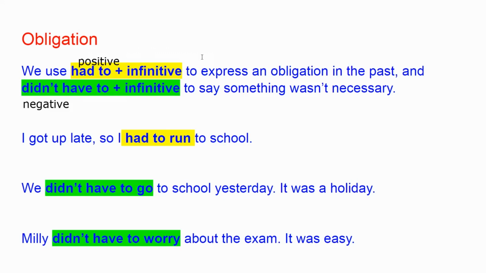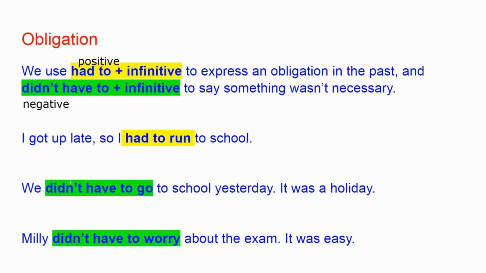So for that, let's look at the first example. We didn't have to go to school yesterday. It was a holiday. Imagínense levantarse en las vacaciones de Navidad y pensar que les toca ir a la escuela. No era una necesidad.